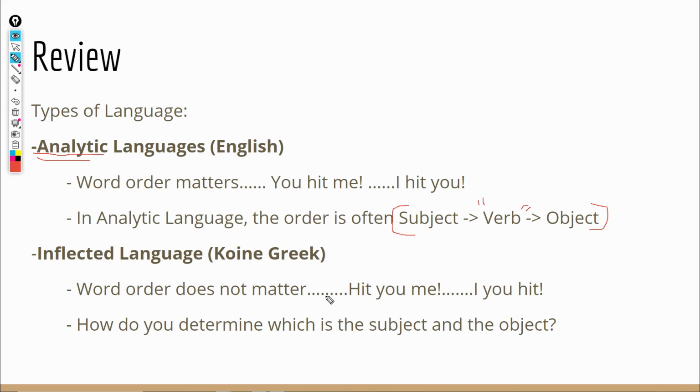How do you know when the Bible uses this language who is doing the hitting? Because it does not use this structure, we have the verb here, but we have no way to differentiate whether you or me is the subject. So how do you know? And again, for those of you that have been here, this is where we use inflection in Koine Greek. How we answer that question is by using inflection.